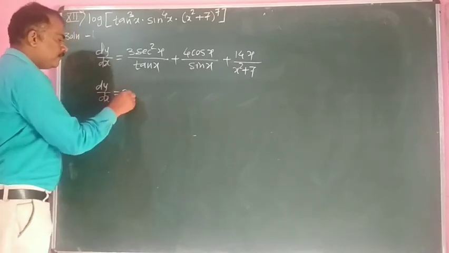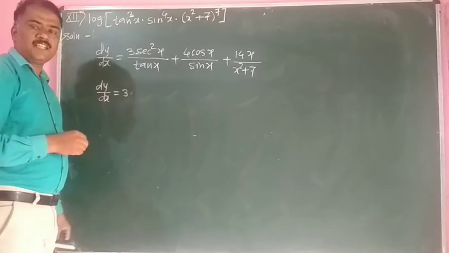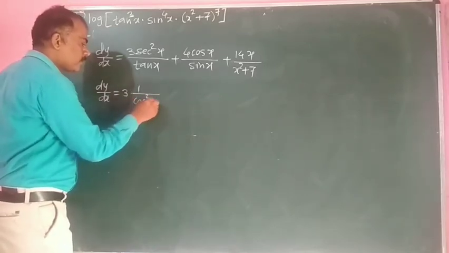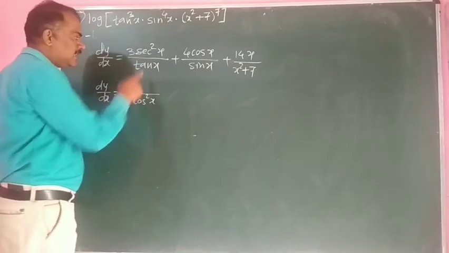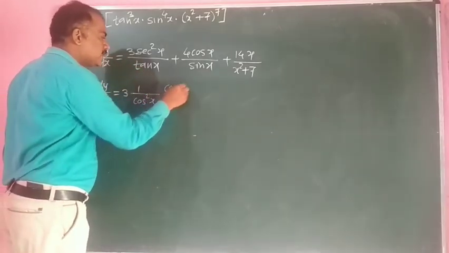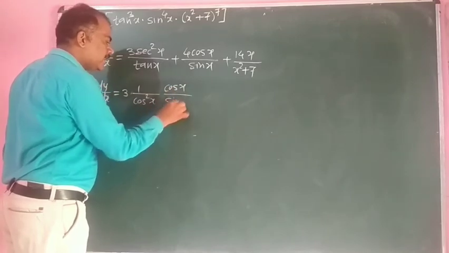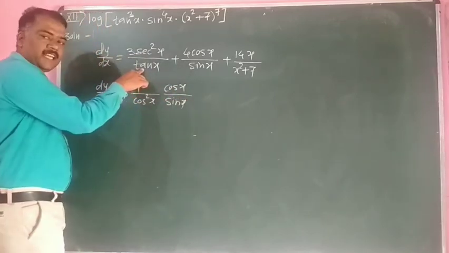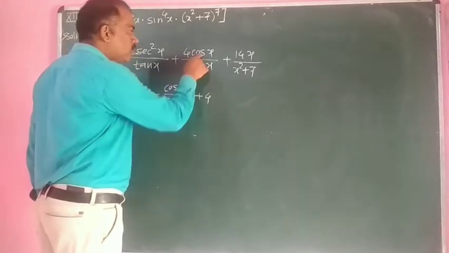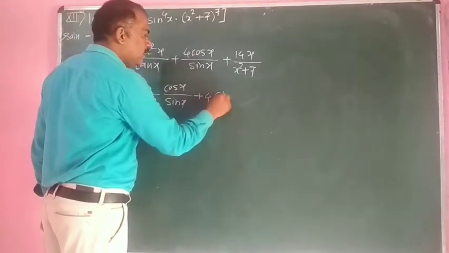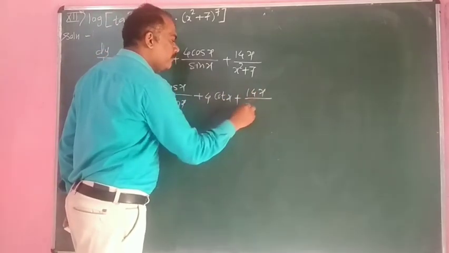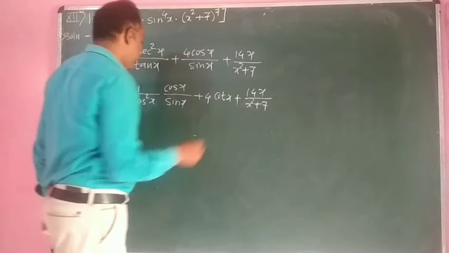3 into sec square x, which is nothing but 1 upon cos square x, into 1 upon tan x, which is nothing but cot x. For tan x we can write sin x upon cos x, so we multiply by its reciprocal, cos x upon sin x. 4 into cos x upon sin x is nothing but cot x, plus 14x divided by x square plus 7.